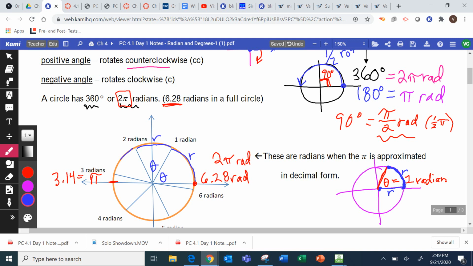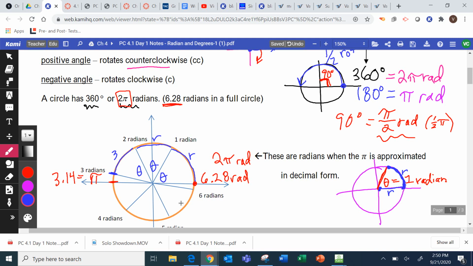If we were to add a third radian on, that would be approximately right here. This picture is not drawn very precise. It'd probably be a little bit closer, but approximately here would be 3 radians, which is why the x-axis here is at 3.14. It's just a little bit past 3 radians.